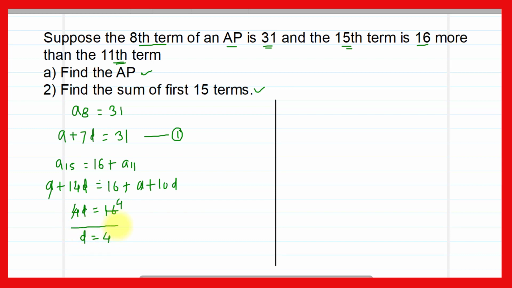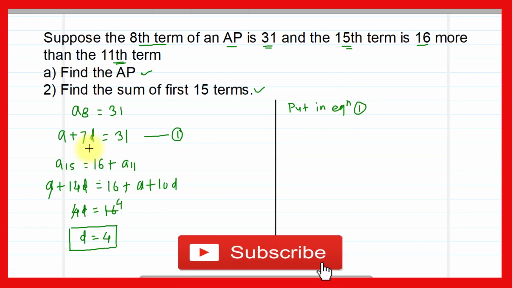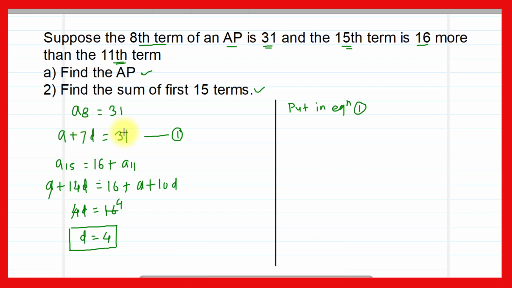You have got the common difference of the arithmetic progression as D is equal to 4. The most important step, so highlight this. Now put this D is equal to 4 in equation number 1. So you will get A plus 7 into 4, which is equal to 31.